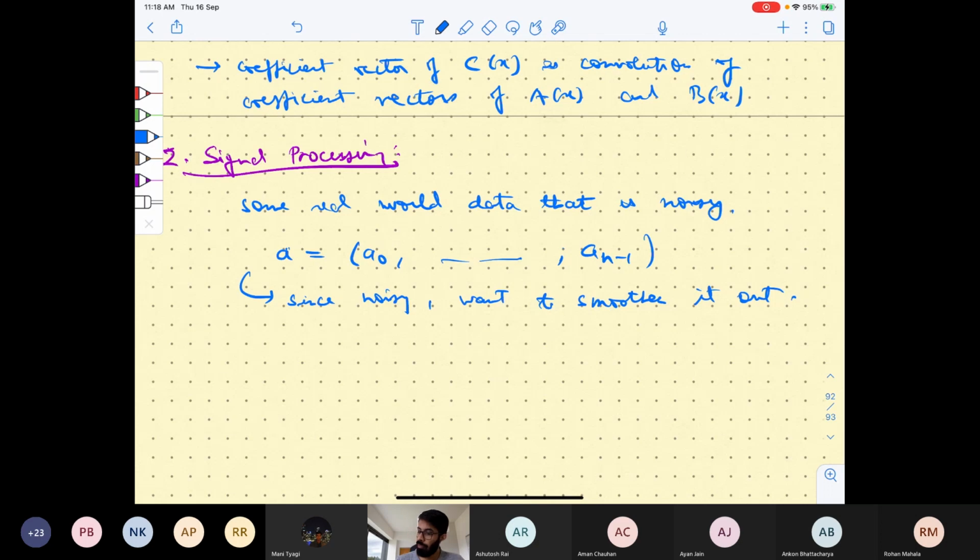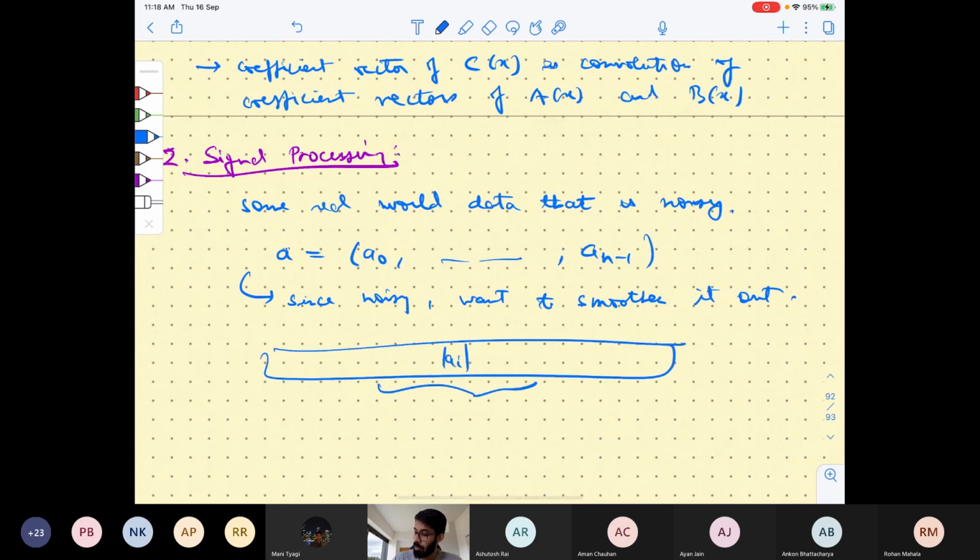Okay. So how do we smooth it out? We have this vector. We look at any coordinate ai and take a weighted sum of k on each side, and replace it with that.